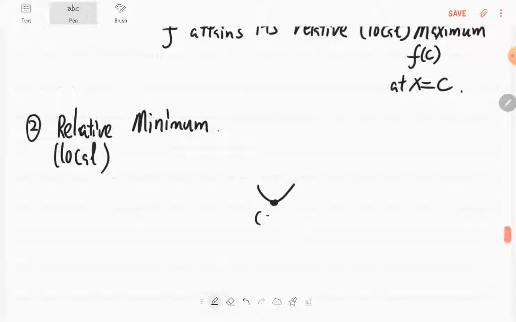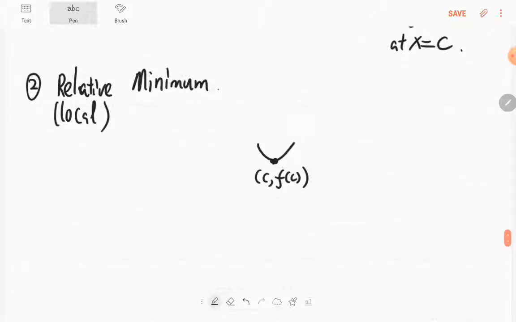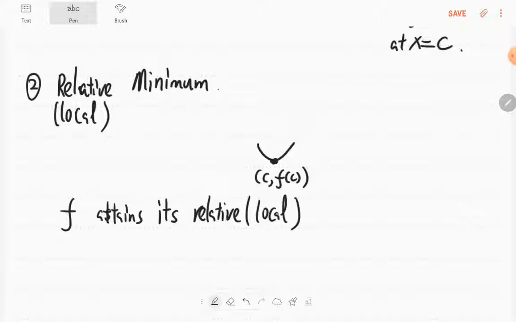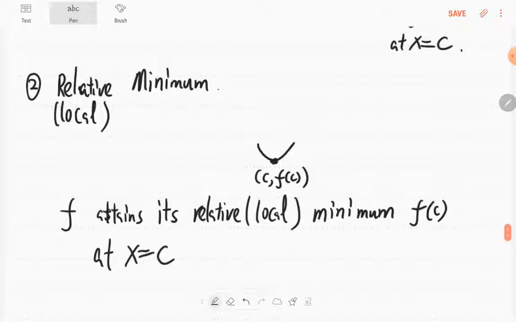So this is the C, f of C. And then we say this function f attains its relative or local minimum, which is f of C at the point x equals C. So when we talk about minimum and maximum, we always mean the f values, the function values, or the y values, right? This x equals C just gives you the position of this point.